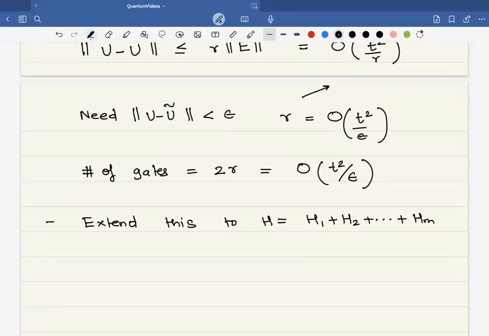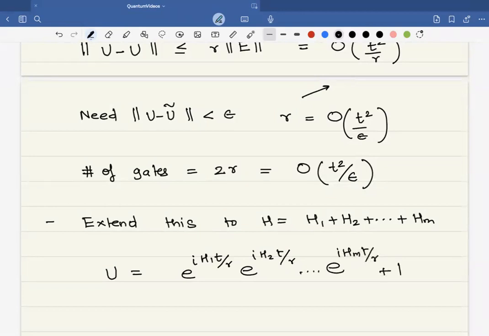And then I could make my U as e to the i H1 t over r, e to the i H2 t over r, up to e to the i Hm t over r, plus the error term, raised to r by the Lie-Trotter formula.